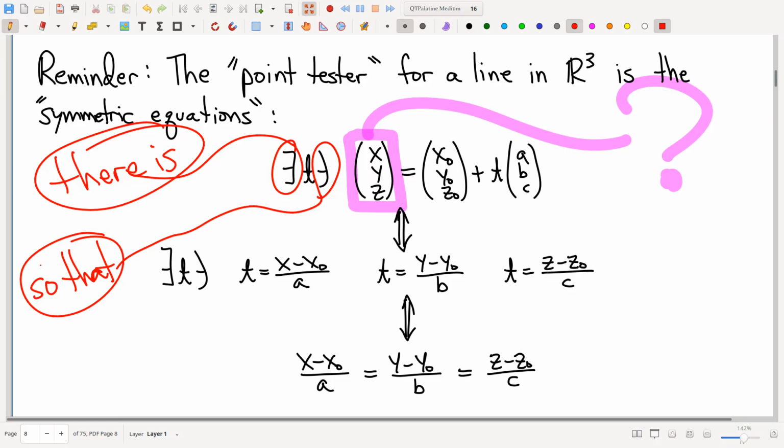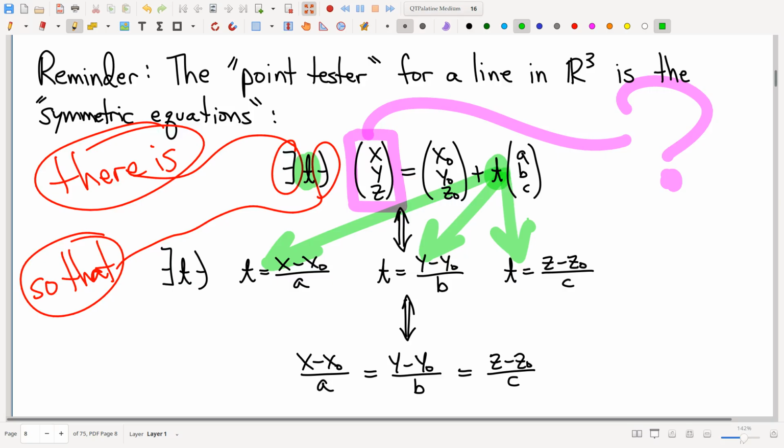Okay, so I just need to know, is there some value of t that'll make that work? And here's the thing, that t I can solve for in each of the corresponding coordinate equations, right? If you were to take this vector equation and combine it all together and look at the three separate coordinate equations, each one of those will have t in it. Each one you can solve for t. These are the things that you get.